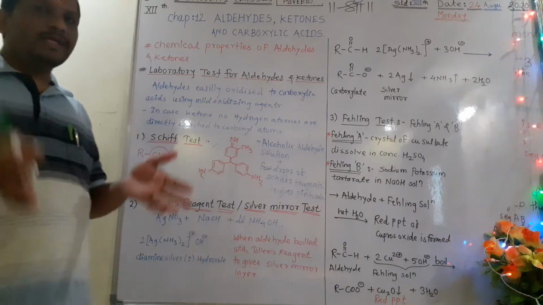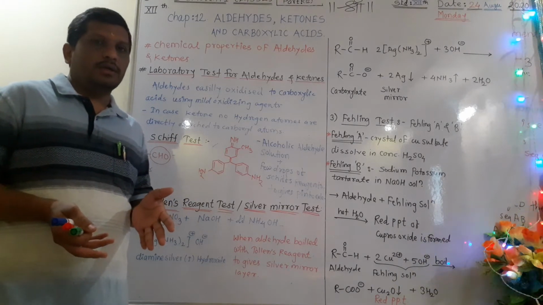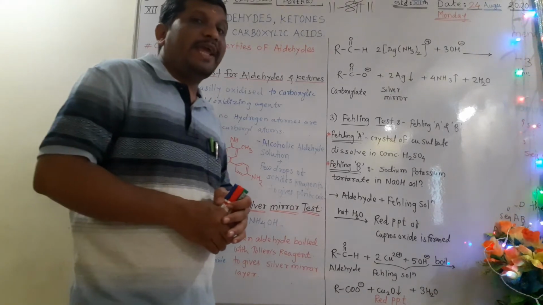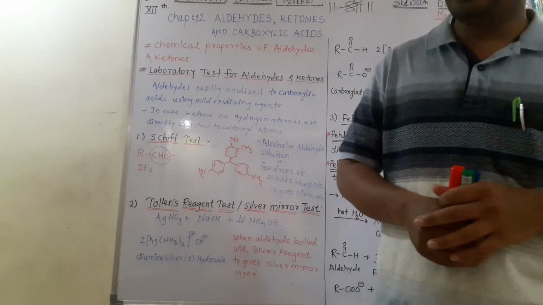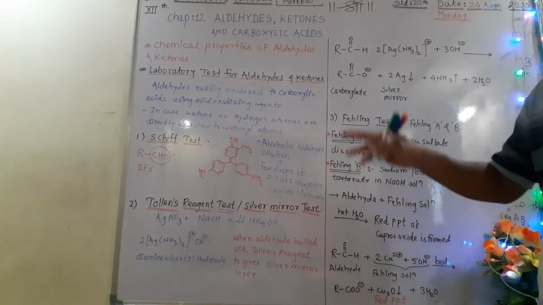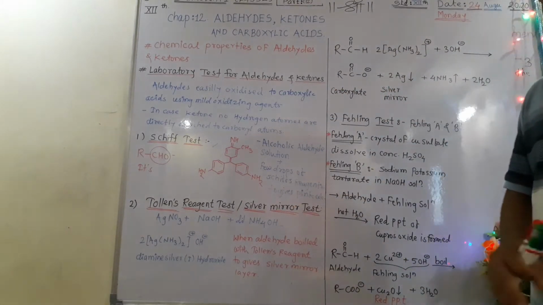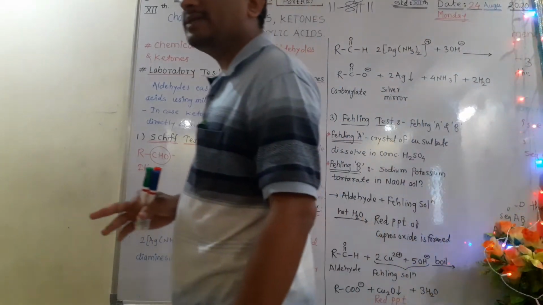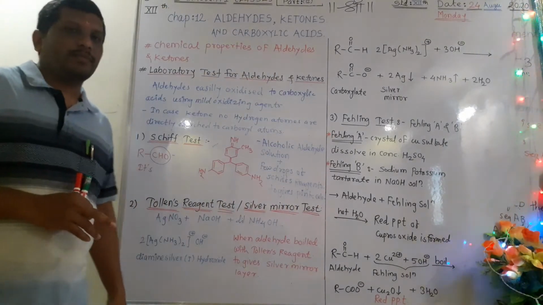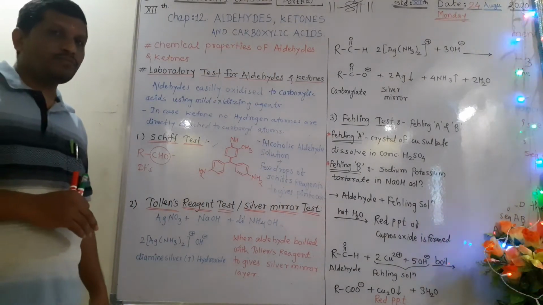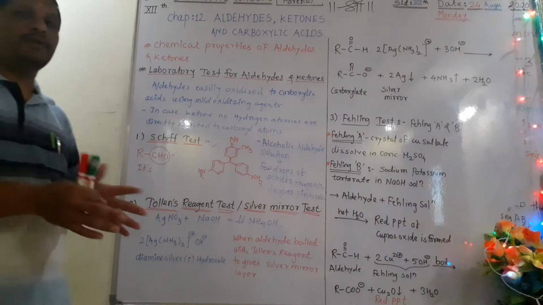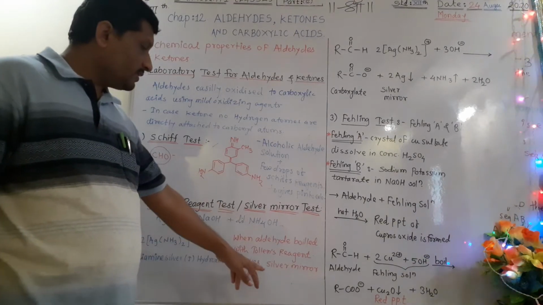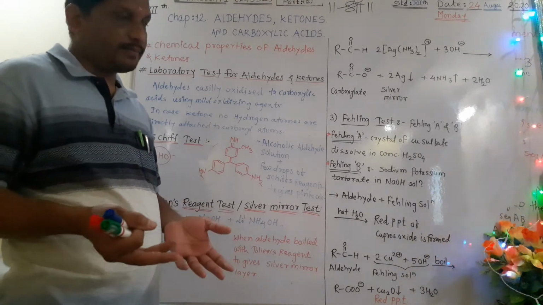You know that the Tollens reagent is made from AgNO3 plus ammonium hydroxide plus dilute NH4OH, forming the compound [Ag(NH3)2]+ plus hydroxide ions. When the aldehydic solution is boiled with Tollens reagent, it gives the silver mirror layer.